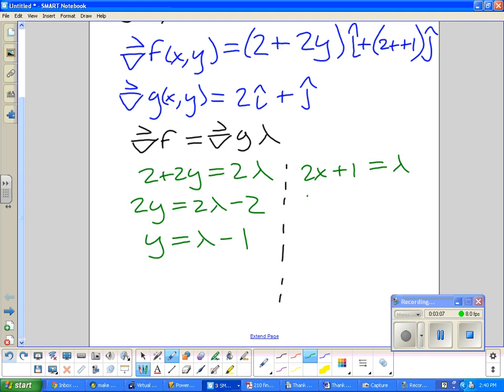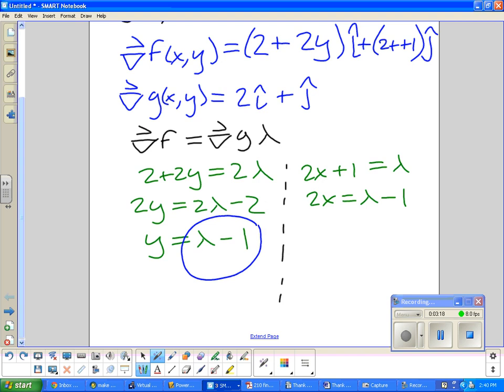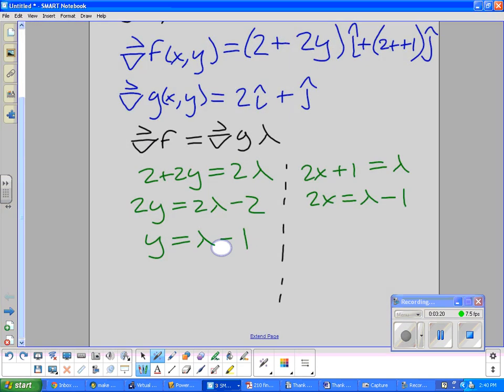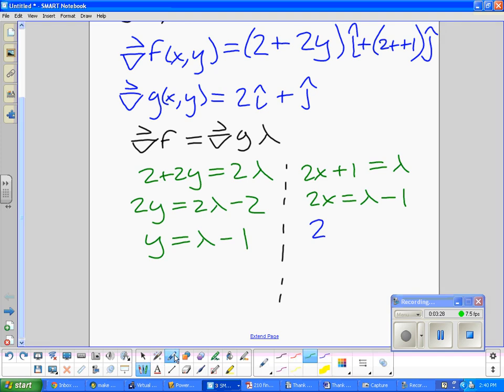And over here, we get 2x equals lambda minus 1. We just found that over here, so we're going to substitute lambda minus 1 for y. So 2x equals y.